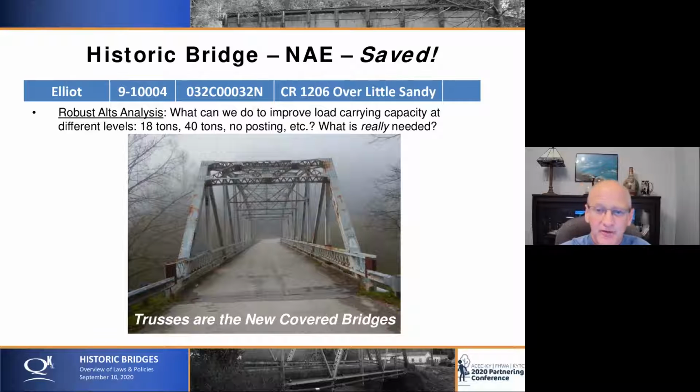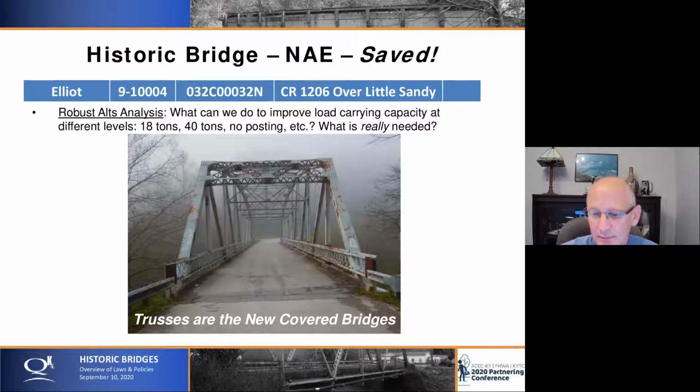This particular bridge in Elliott County, Kentucky 32, is just half a mile to the left. Brand new bridge, brand new road, carries all the loads and vehicles you want. This bridge, they want to keep it. The cultural resource center is nearby, and the county judge executive wants to keep it. So we're going to keep and rehab this bridge, but it has a much lower tonnage load carrying capacity than it would if it were fully unposted, which was not what was needed.